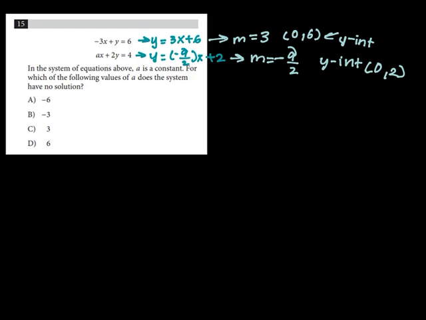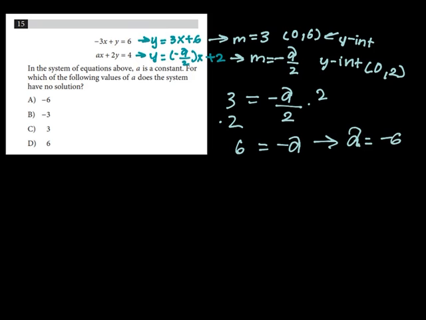And now we can find a by setting both slope values equal to each other. So it would be 3 equals negative a by 2. To get rid of the fraction, we can multiply both sides by 2. So this would be 6 equals negative a. Therefore, a equals negative 6.